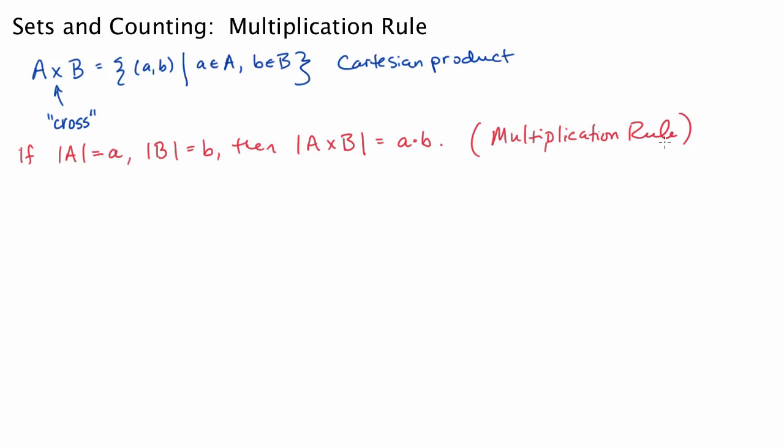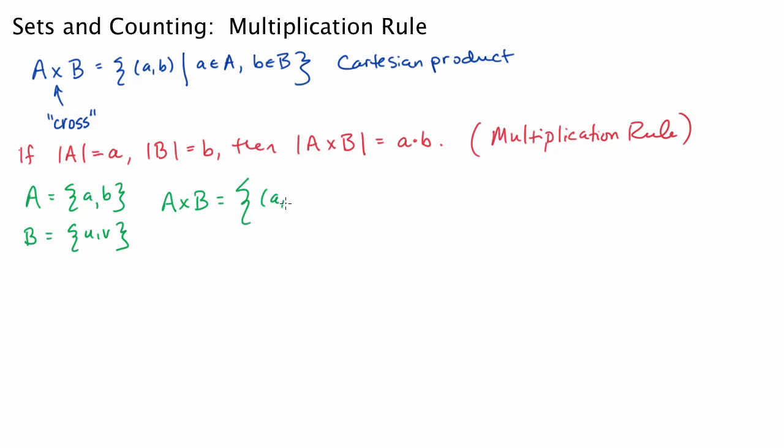All right, the multiplication rule is actually a fairly easy rule to understand. Let me illustrate with a small little example to get us started. If you look at the set A, let's suppose it contains two elements, A and B. And we'll look at the set B as well, and we'll say it contains the elements U and V. Then if we go to try to form the set A cross B, what are the elements of that set?